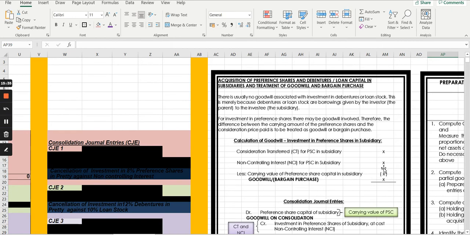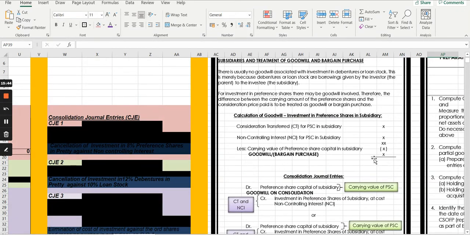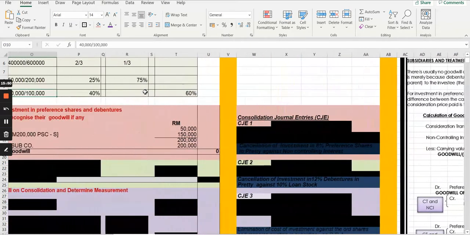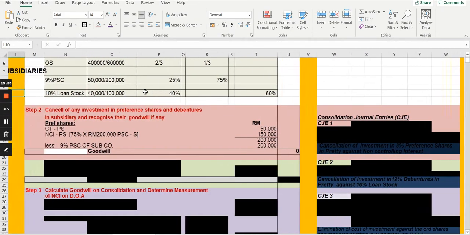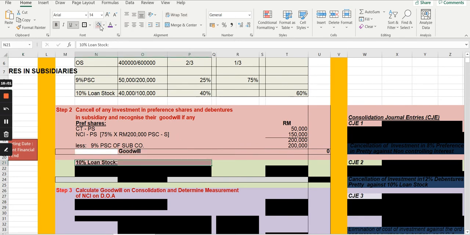But in our case, it is exactly equal, right? Equal means there is going to be no goodwill or no bargain purchase. So there isn't any goodwill.